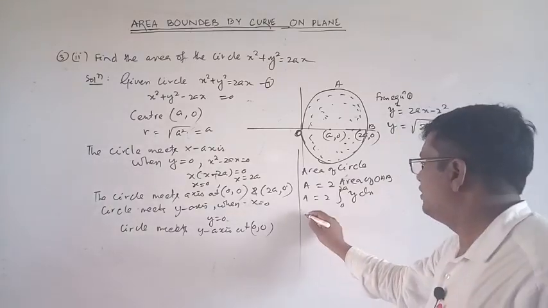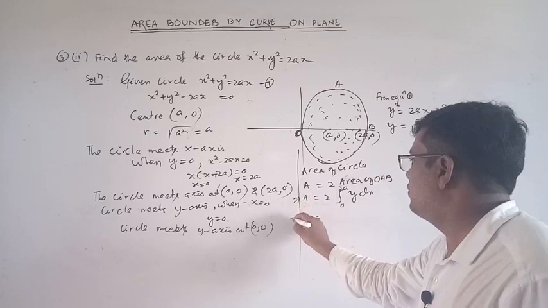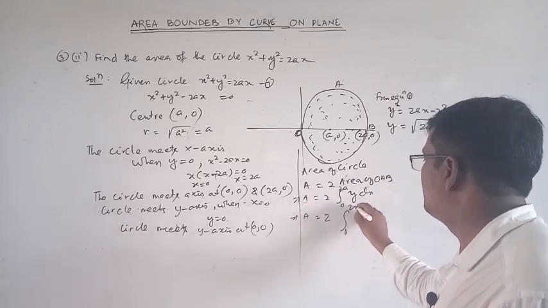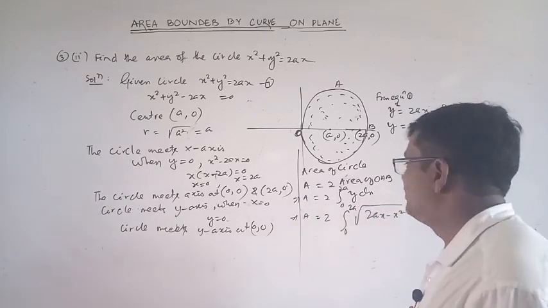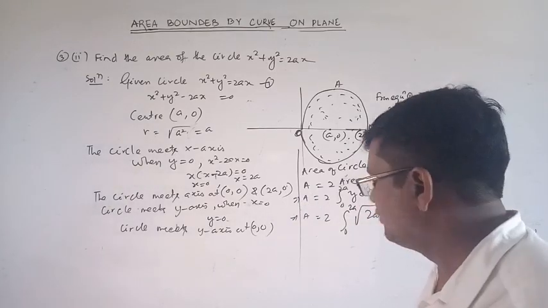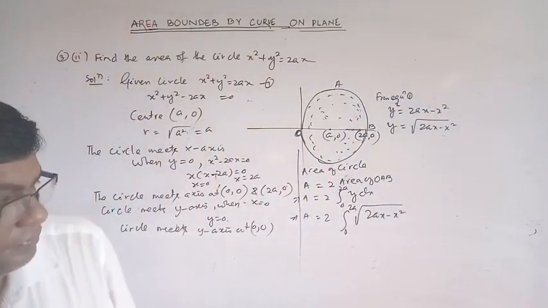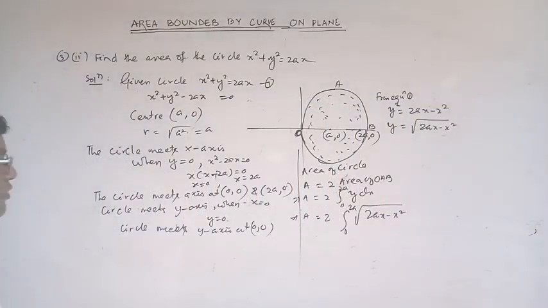Now A is equal to 2 times the integral from 0 to 2a of the root of 2ax minus x square. Take minus common.